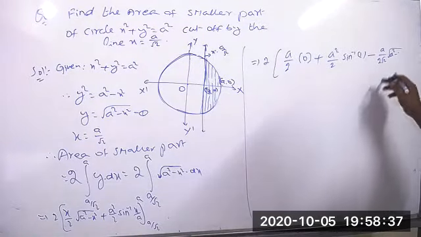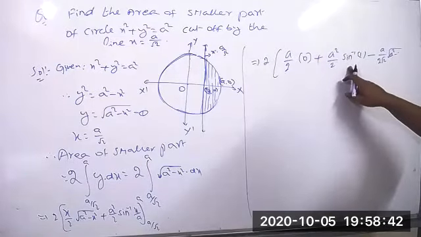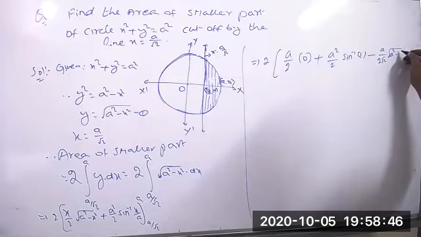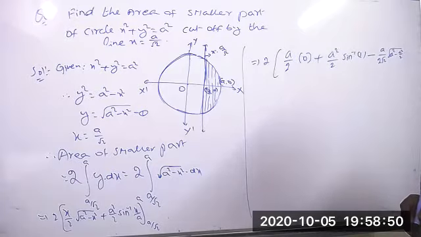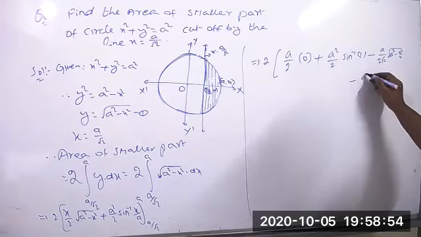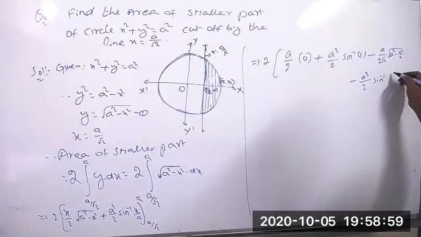So a square by, okay, x by 2, we got that. X by root 2 means we got a square minus a by root 2 whole square, equal to, you can write now a square by 2, a square by 2. Anyhow minus into plus, equal to, we will get minus a square by 2 into sin inverse of a by root 2 by a, that means a by root 2 by a.